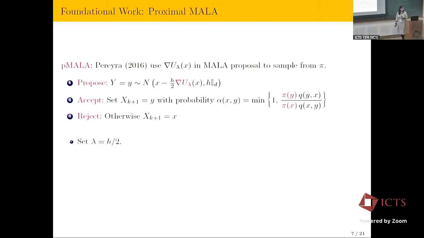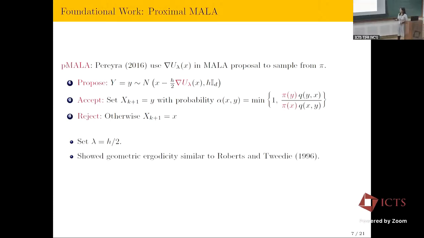What Marcelo Pereira went on to do, for certain reasons, was set lambda to be h by 2. Recall I need a quality of approximation as well. How do I actually choose lambda? They set lambda equal to h by 2, and it's not exactly clear whether that's a reasonable choice for this particular structure.